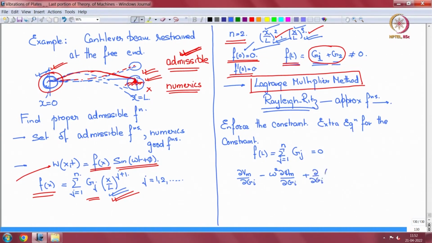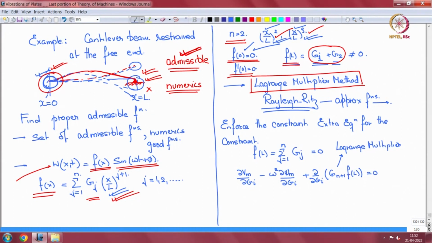Now here we bring in Gn plus 1, which is actually the Lagrange multiplier, into f of L is equal to 0. Bring it straight here.